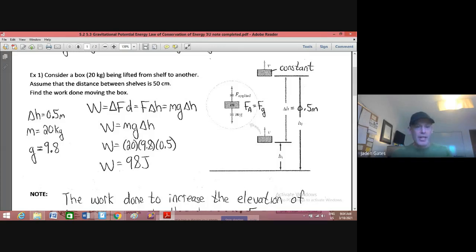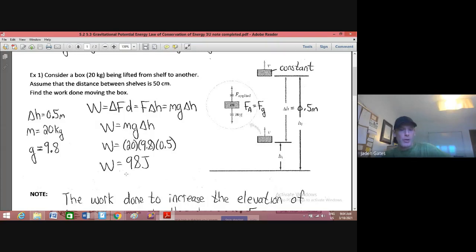Instead of a D, it's really an H, because our distance is straight up, which we call our height. If I substitute those values in, I have the mass of our 20 kilogram box, g is always 9.8 on Earth, and our change in height is 0.5.